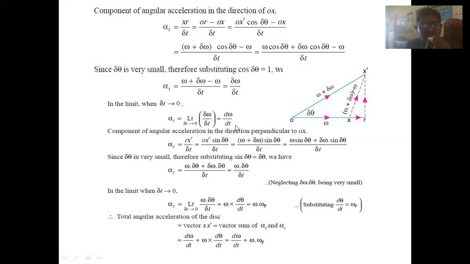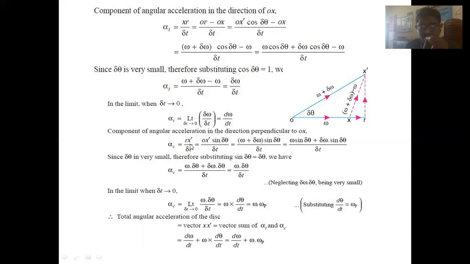And if I find out the other component, that is alpha c, which is perpendicular to the line OX. This we call the component of angular acceleration in the direction perpendicular to OX, that is OX dash. That is denoted by alpha c is equal to rx dash by delta t.